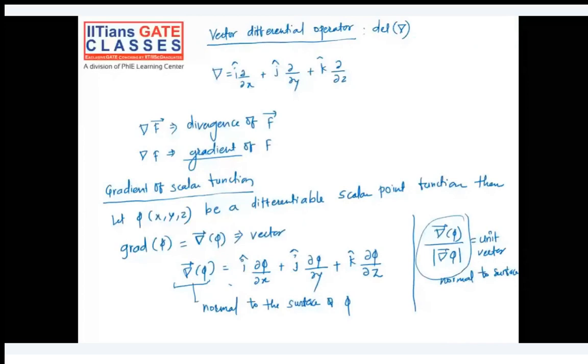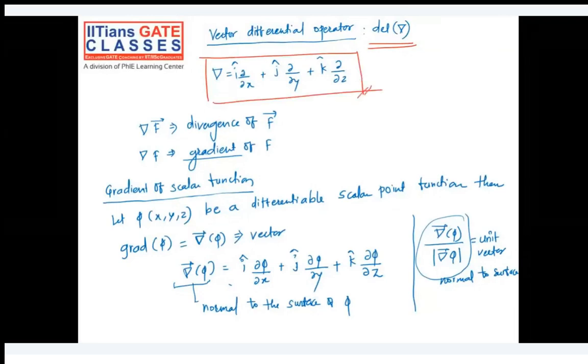Write down the symbol. What is del? Del is i times dou by dou x plus j times dou by dou y plus k times dou by dou z. So this is the differential operator for the vector.